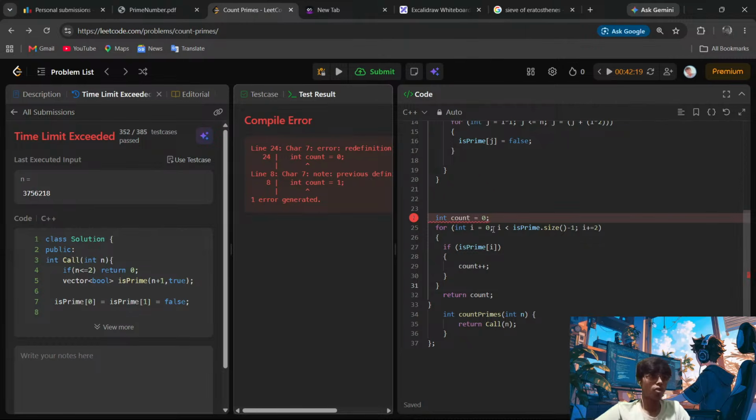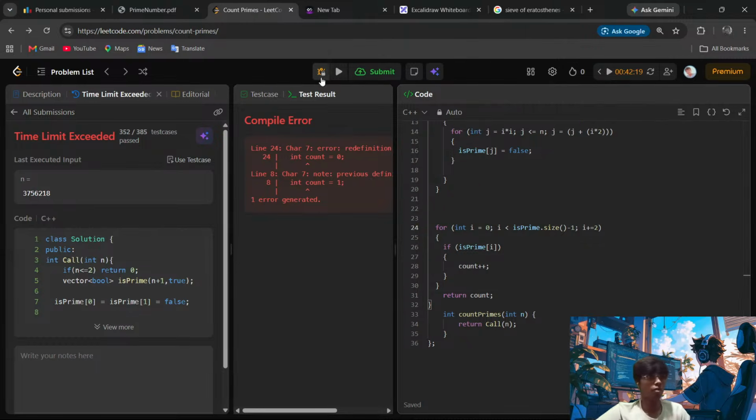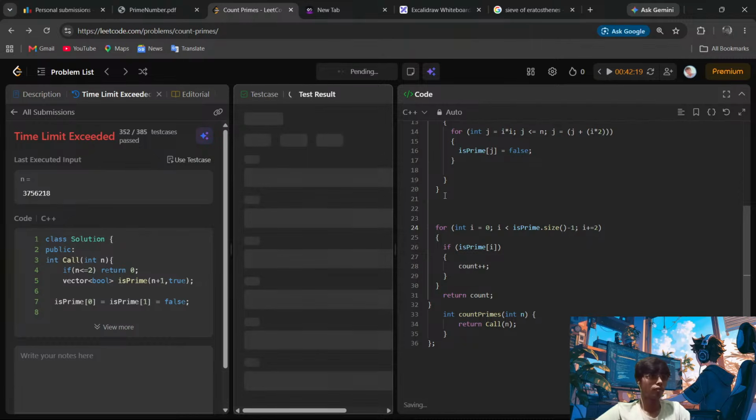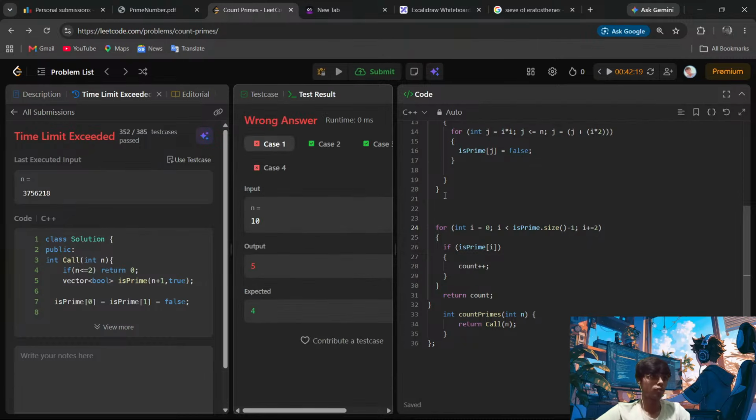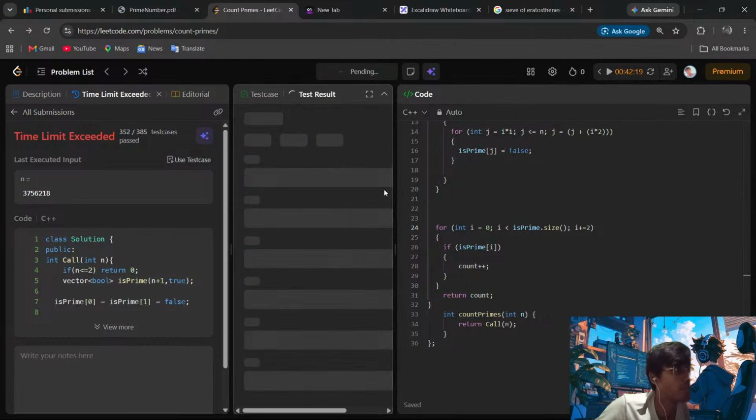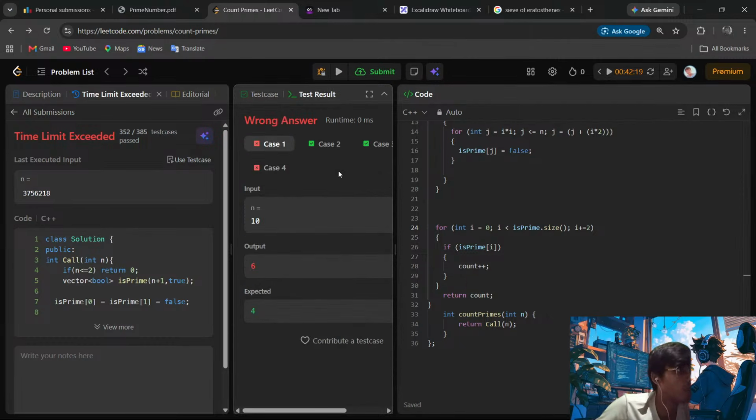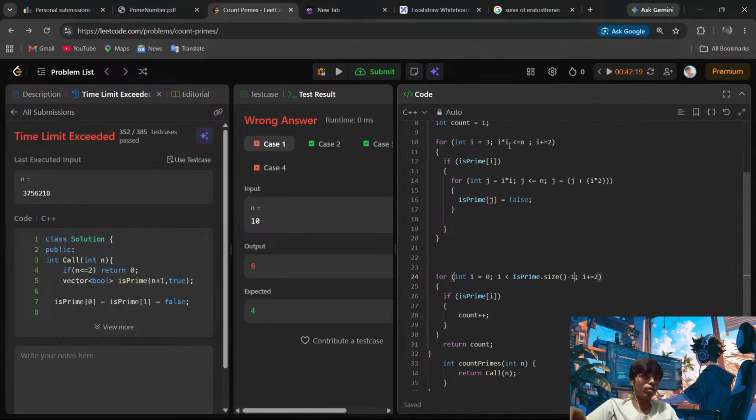Oh, int count. Okay, I have to remove this. I got something wrong. Wait a moment. I have to remove this. Will this work? No. I have to check what's going wrong.